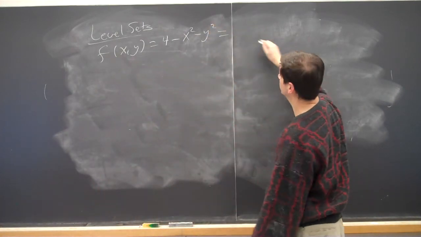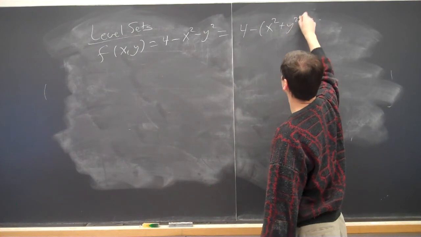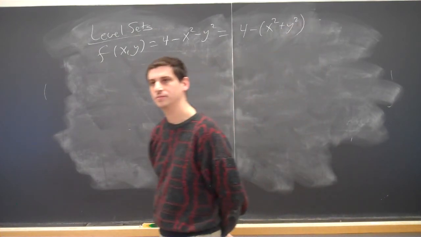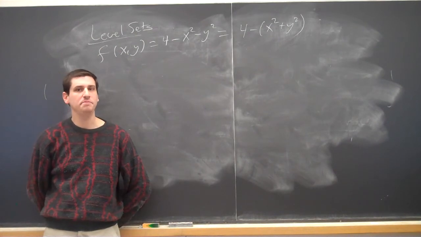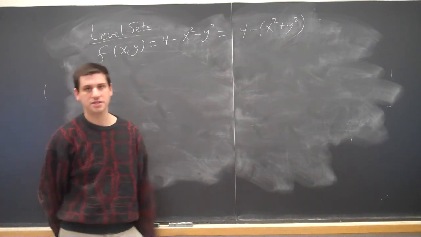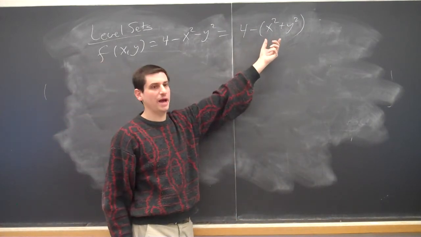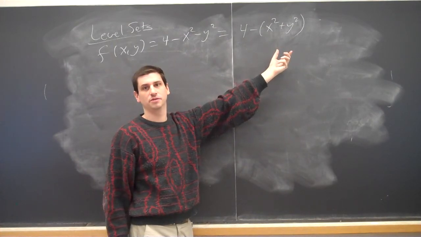A good way of looking at this is it's 4 minus (x squared plus y squared). When you look at this, all that really matters is how far you are from the origin. Right? Because it only depends on x squared plus y squared.